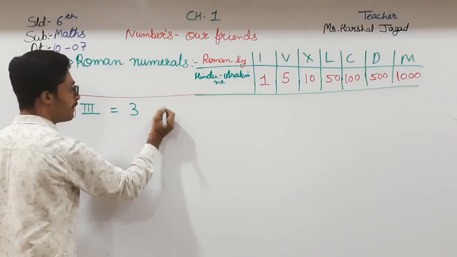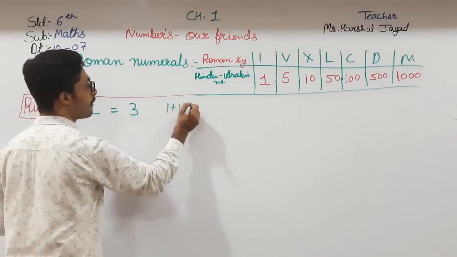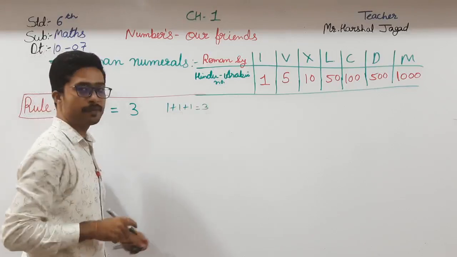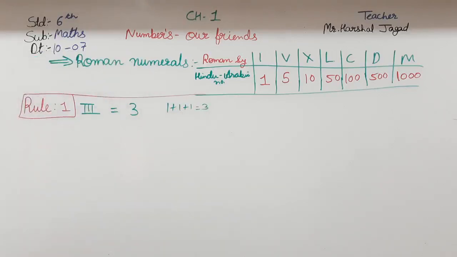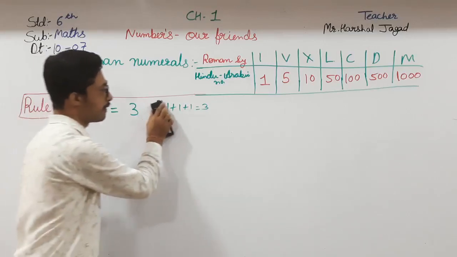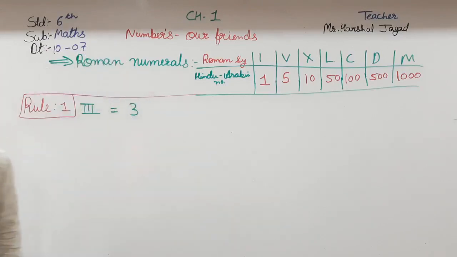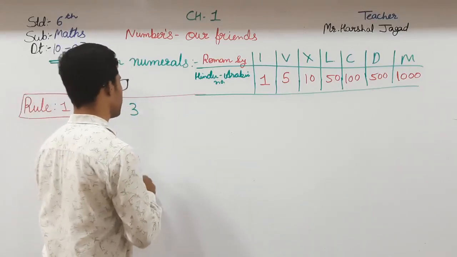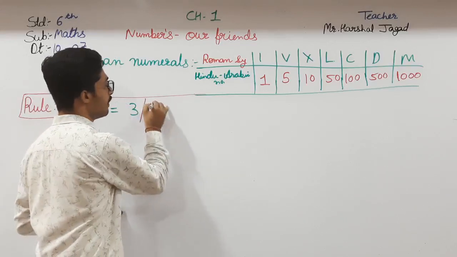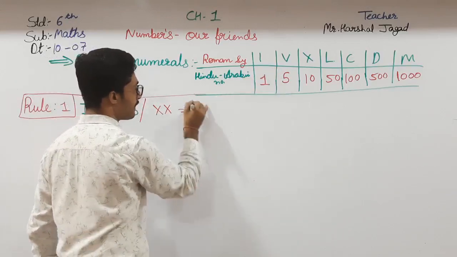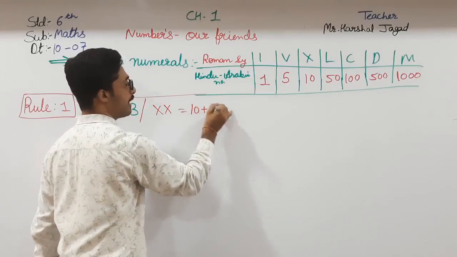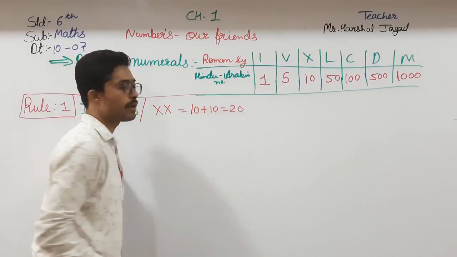So 1 plus 1 plus 1, that is 3. And if I give another example, X, then what is the value of X? That is 10 plus 10, so it will be 20.